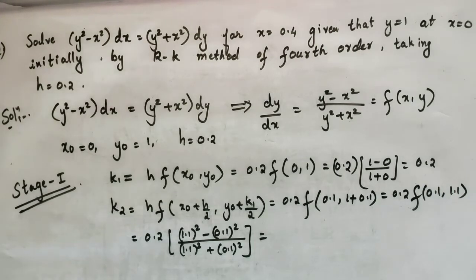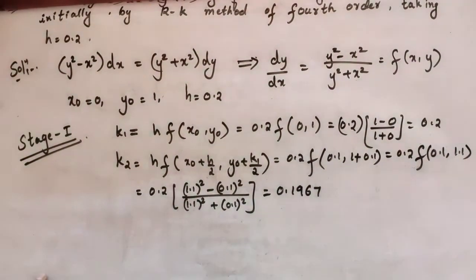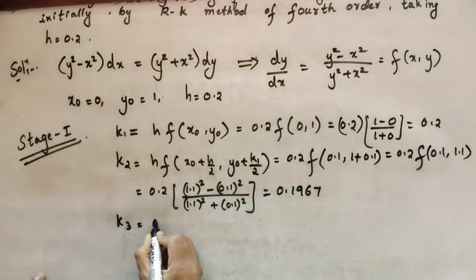You must be getting the value of k2 to be 0.1967. I hope you all have got the same thing. Okay, similarly, let us go for k3.